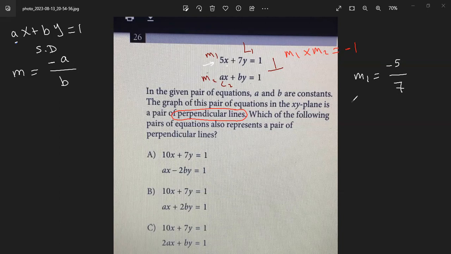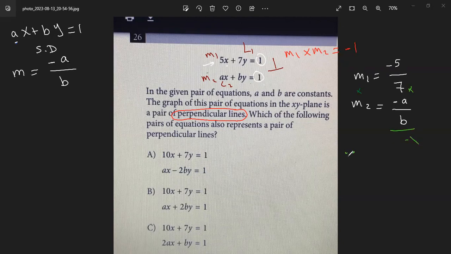For m2, the slope uses the same formula, negative a over b. No need to worry about the absolute value, whether it is on the right or the left; it doesn't matter.